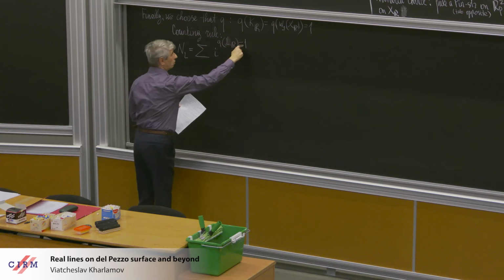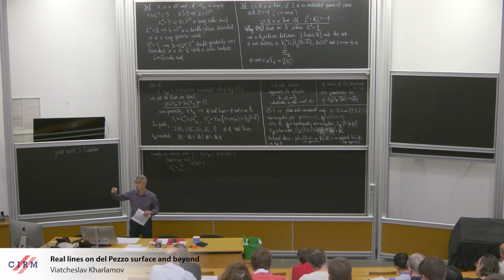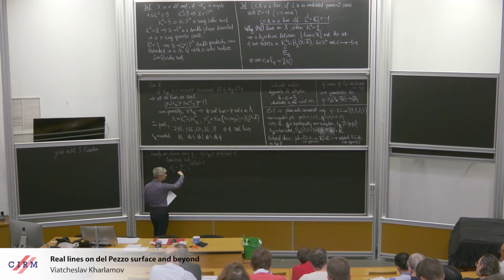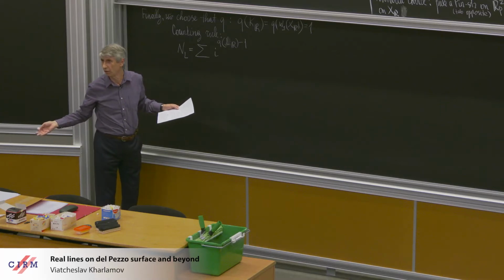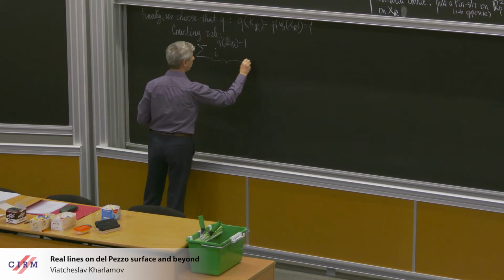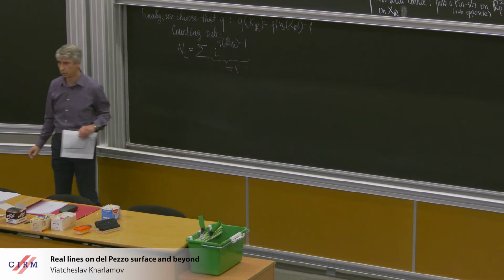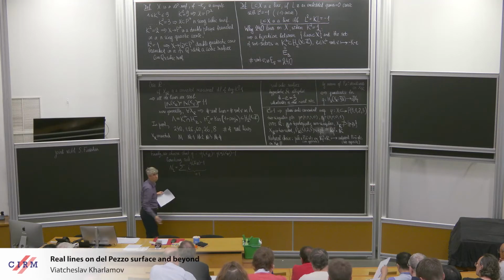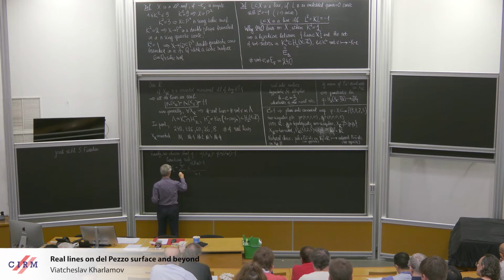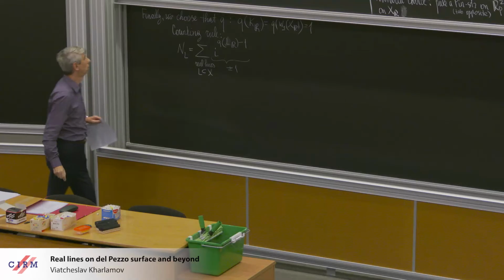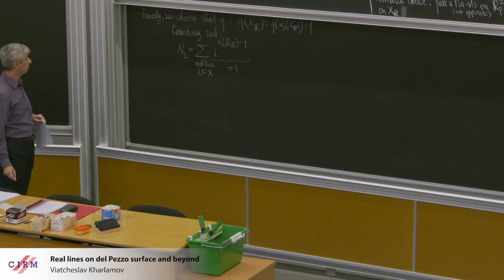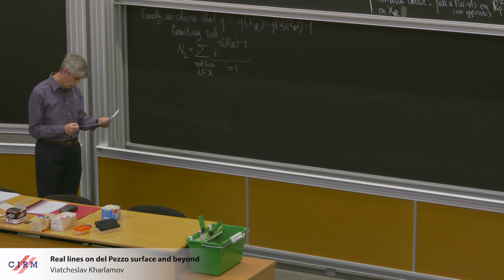So you should diminish by 1 just not to work with imaginary numbers, but to have really a signed count. And naturally what we did, we took such a sum over all real lines on our del Pezzo surface.